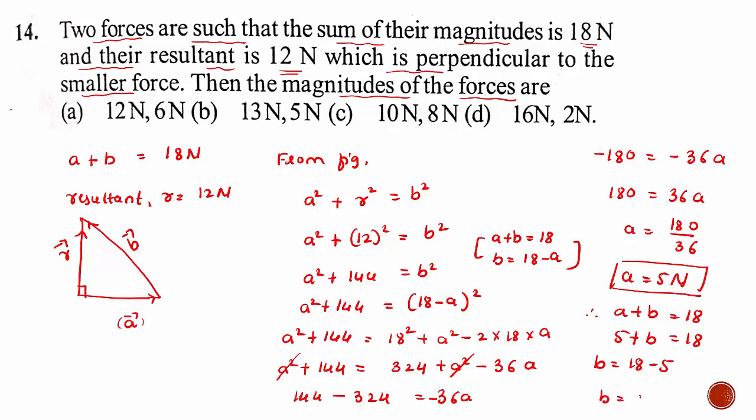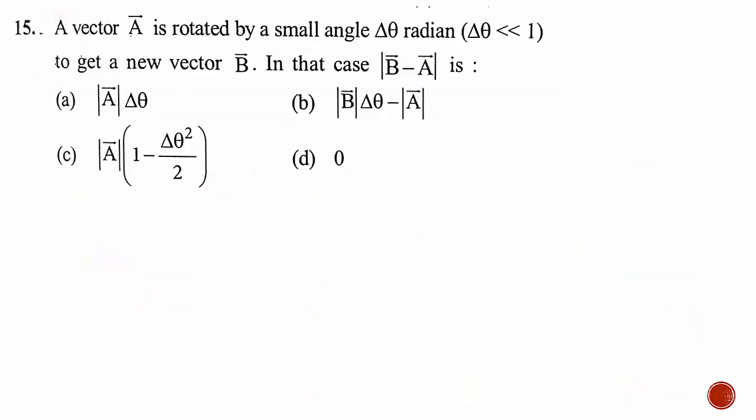So we will get the answer 13 Newton. This is the value of the second force. A equal to 5 Newton, B equal to 13 Newton. So 13 Newton and 5 Newton means option B is the right answer.